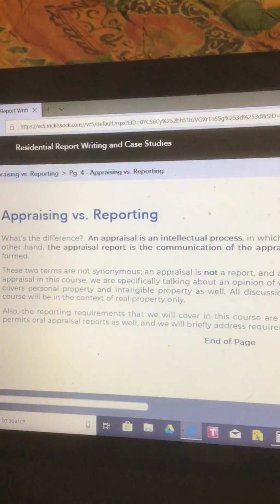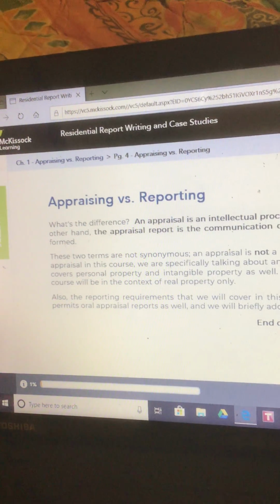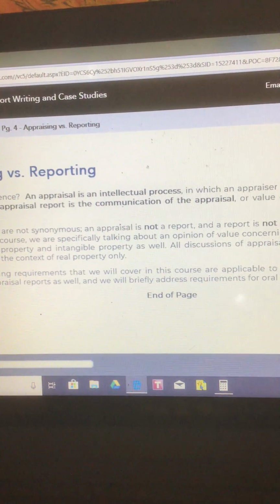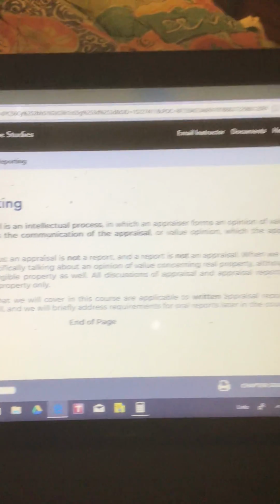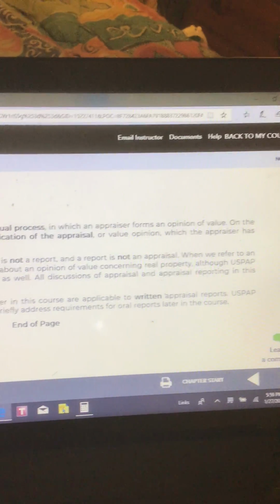Page 4, appraising versus reporting. What's the difference? An appraisal is an intellectual process in which an appraiser forms an opinion of value.